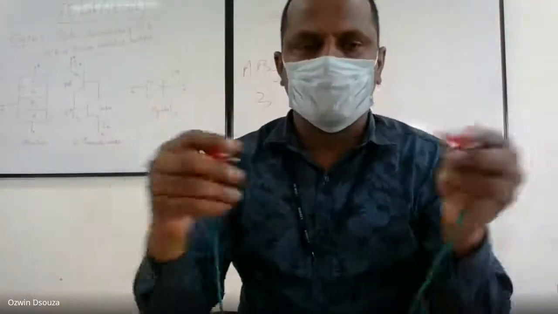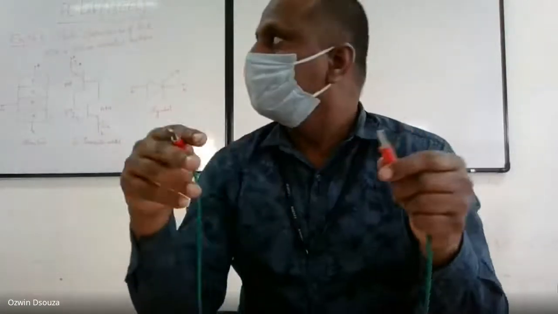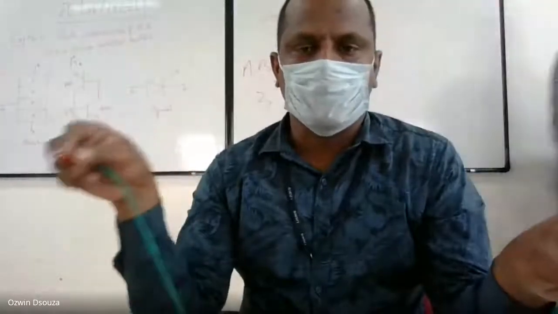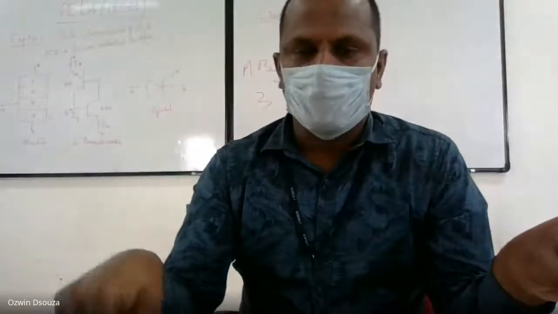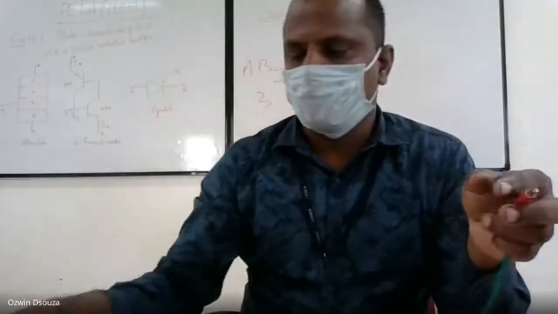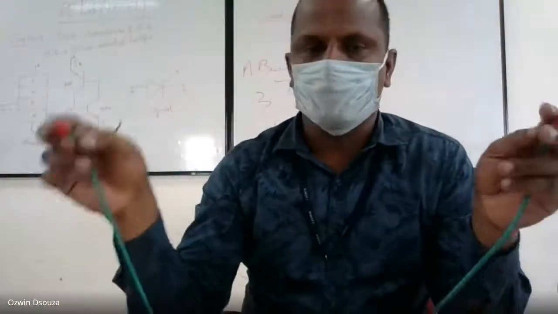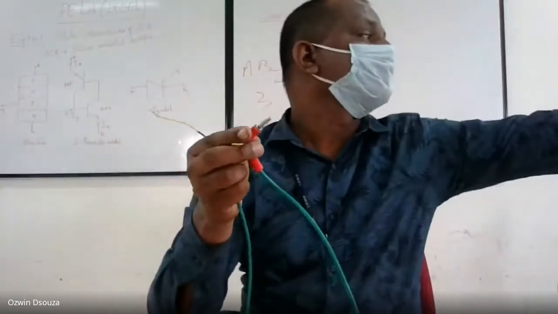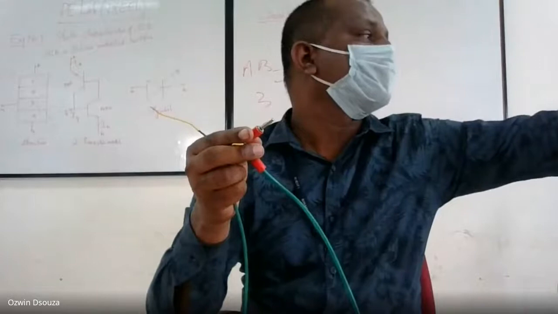You have to connect it to the breadboard. So the DC power supply, you have to connect the positive end to the breadboard. I'll give you a small wire, a single strand wire, to connect to the breadboard.